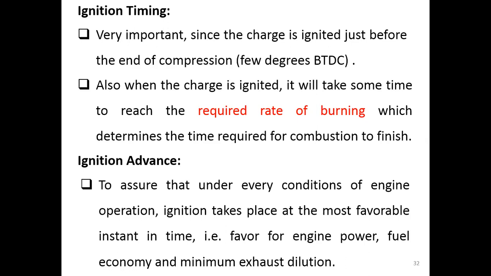The crank angle, right? Every time we talk about time, we always talk about crank angle, because there we can see the picture clearly. Okay, so ignition advance is to ensure that under every condition of the engine operation, the ignition takes place at the most favorable instant in time. What does it mean by most favorable instant in time?